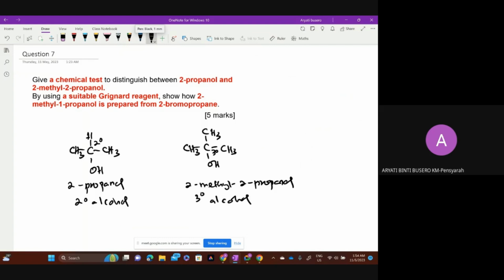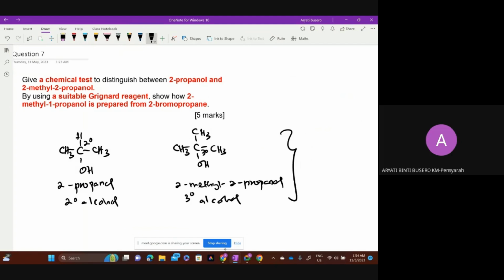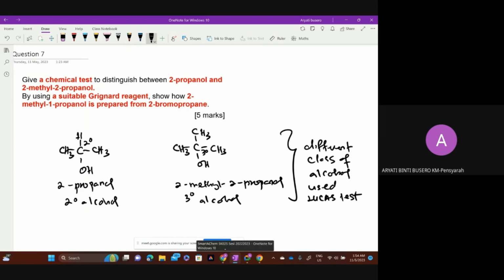Okay, so they are different classes of alcohol. So the suitable chemical test we can use is the Lucas test.